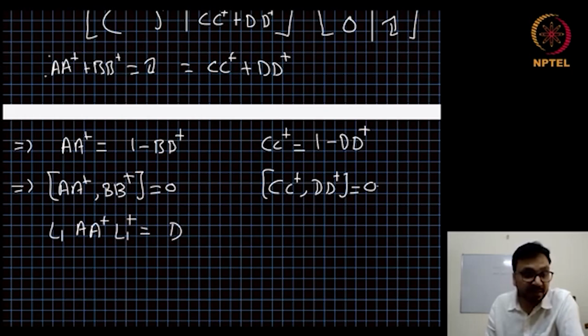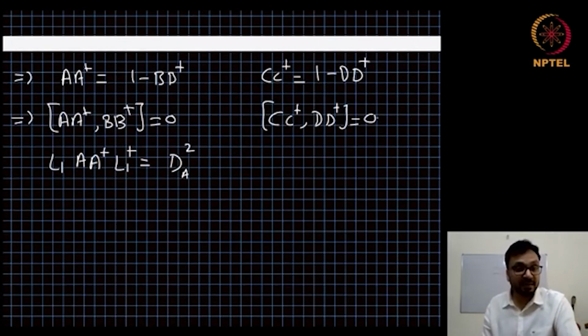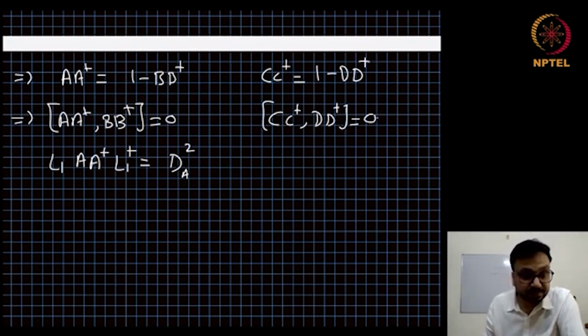Since A A dagger is a positive operator, the eigenvalues will be real. So we are writing the diagonal matrices as dA square, which can be a real and positive matrix. Similarly, L1 B B dagger L1 dagger is dB square.